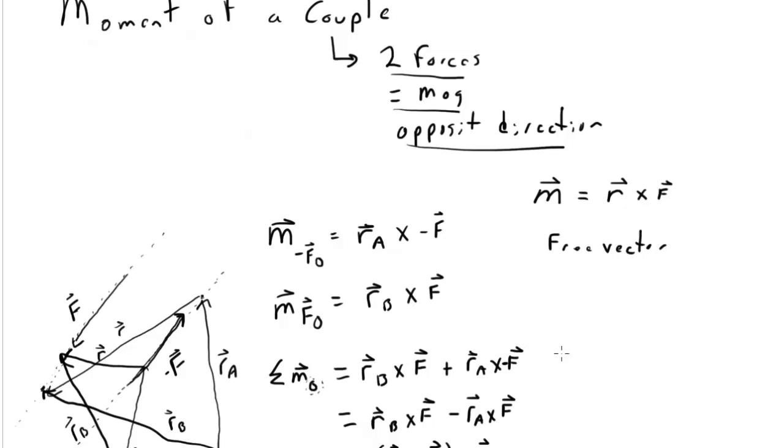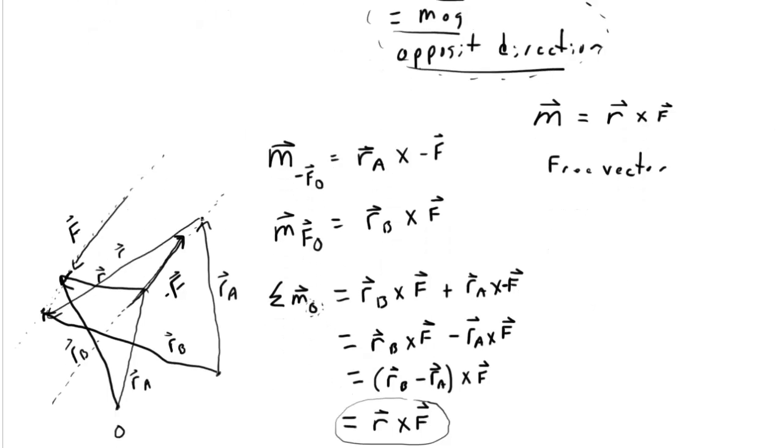What that means is that the torque, or the twist that I apply by using this couple, is the same no matter where I calculate that twist. And that's what we mean by moment of a couple. So a couple of points, it's rather easy to calculate.